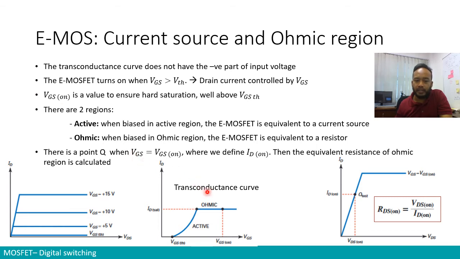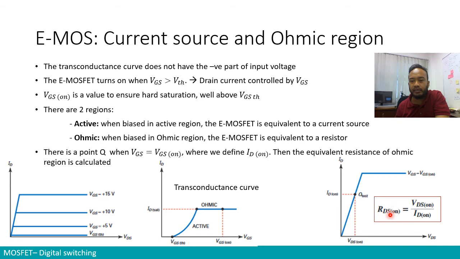So let me re-explain. When you apply the value of VGS on at your gate, you will have across your drain source your VDS. We call that VDS on, and you plot it on the graph. You will define a point that we call Q test, and at Q test you read the value of the drain current, and the ratio of the voltage VDS on over the drain current ID on is what we call the equivalent resistance RDS on.